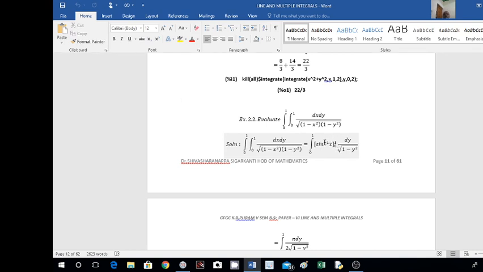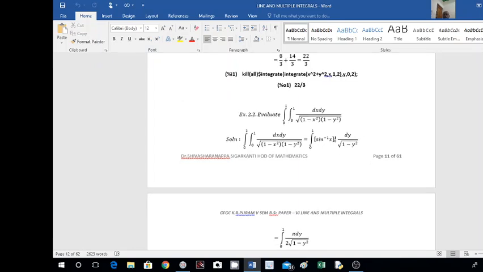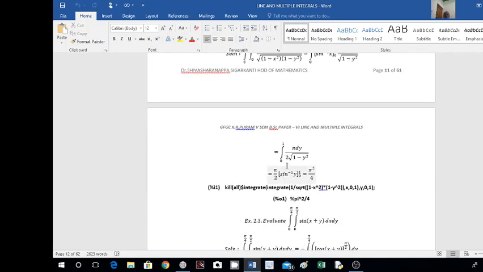Sine inverse of 1 is pi by 2, minus sine inverse of 0, which is 0. So this value is pi by 2 minus 0, that is equal to pi by 2. So what remains here is pi by 2 into dy by root of 1 minus y square.